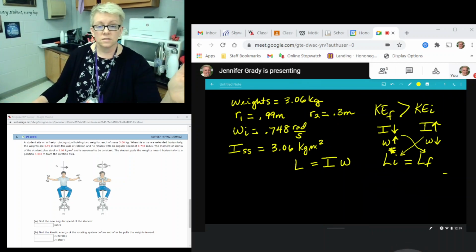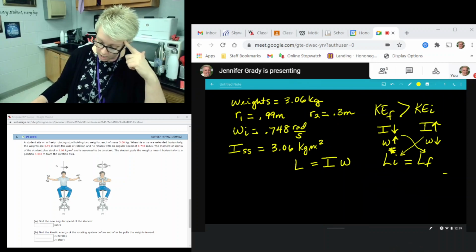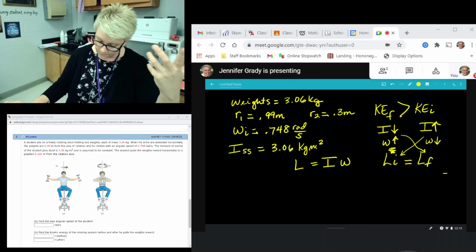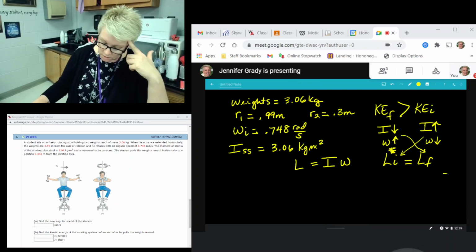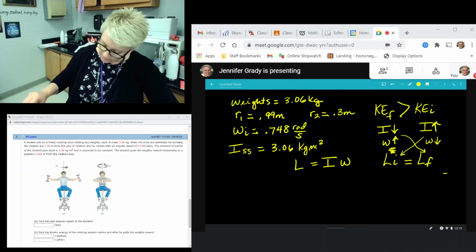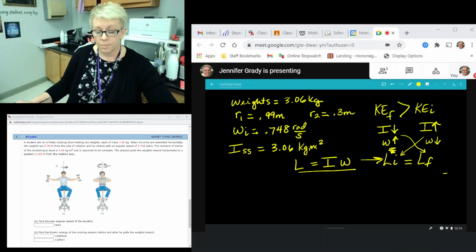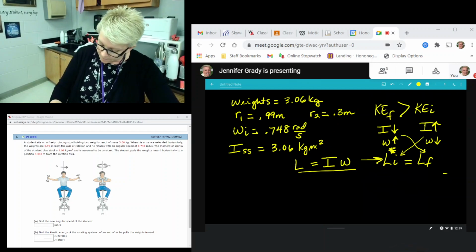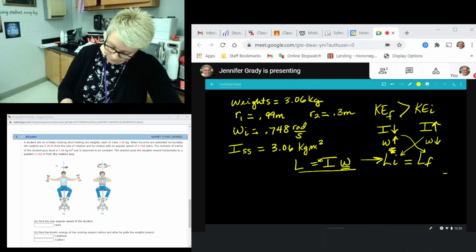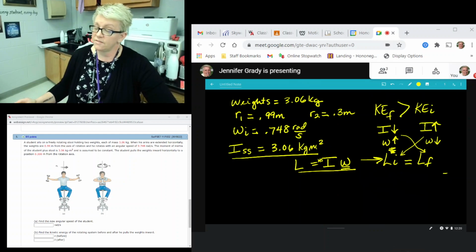Okay, now let's get down to some nitty gritty here. What would be wise is to figure out the momentum of this guy as he is moving. So we have to figure out the initial momentum of our person. To do that, we better figure out the inertia. This we've already been given for the guy with the stool, and he's given a number. I appreciate that very much.